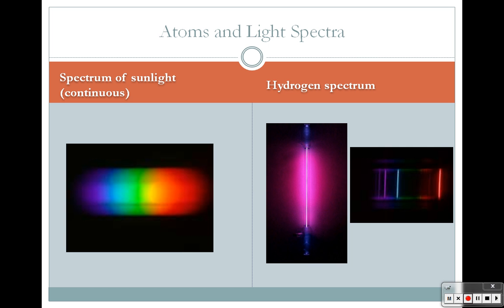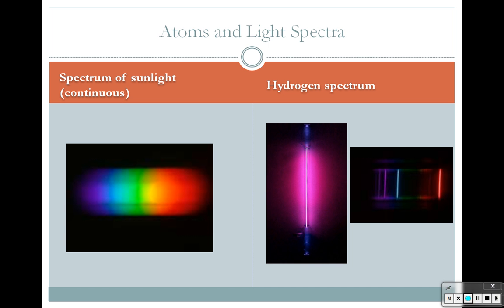We have a red line here, and then a large space where there's nothing, and then a blue line, and then a large space, and then a violet line. So that's a spectral signature, a spectral fingerprint of hydrogen. And each element has its own unique spectrum, like a fingerprint.